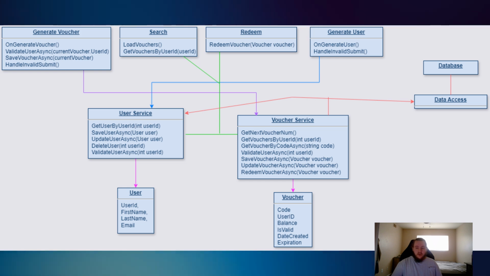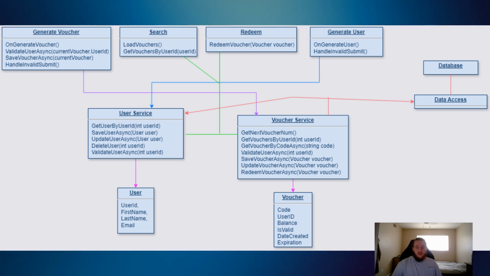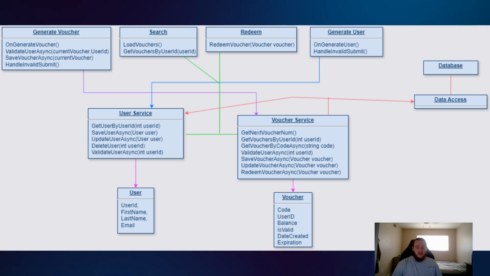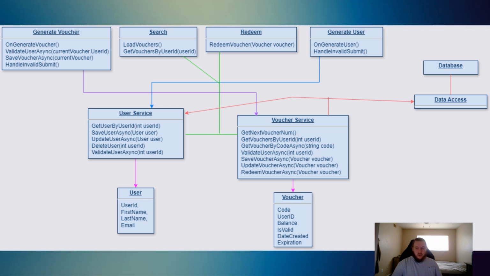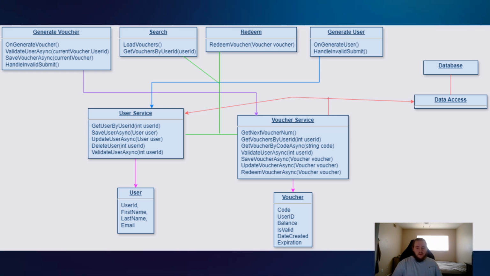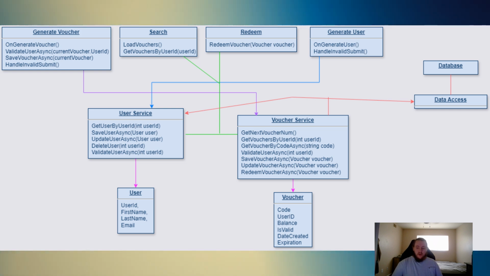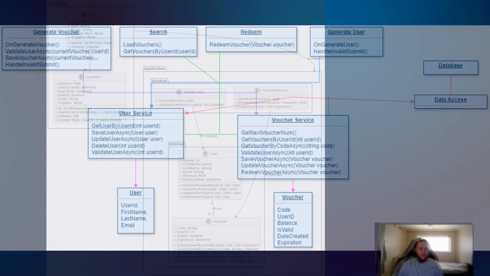Voucher ID is the primary key, and user ID is a foreign key linking to the users table. The key operations are generate voucher, which creates a new voucher and validates the user, redeem voucher, which marks a voucher as used, and search, which retrieves vouchers by user ID or code. The schema ensures data integrity through primary keys, foreign keys, and indexes.